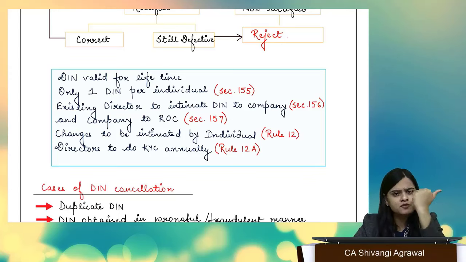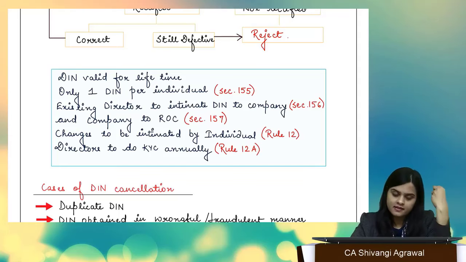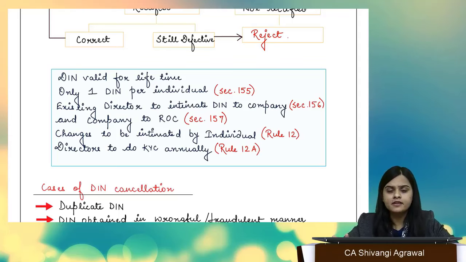Thereafter I have not been appointed in any company as a director, but I have DIN. I know that I'm not going to use this DIN, so I want to surrender it. Can I? Yes, you can. If you have an unused DIN, you can surrender it to the government, and the government is going to deactivate your DIN. Otherwise we don't get this power.